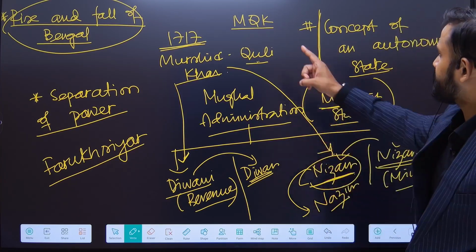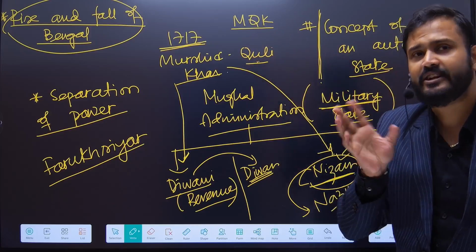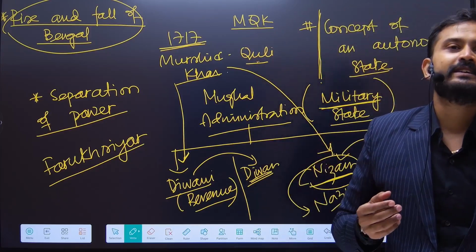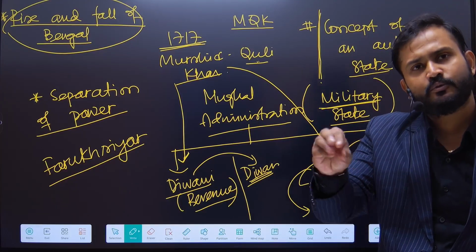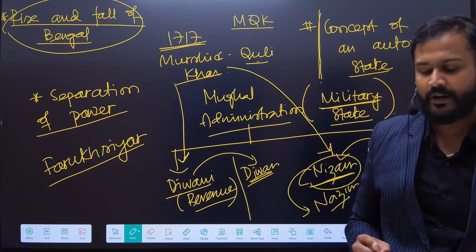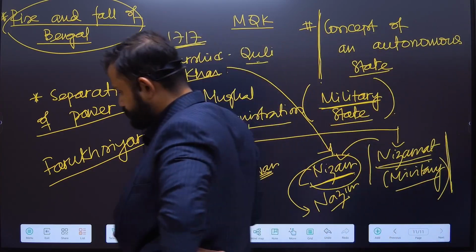That means I am using the term autonomous. Am I saying independent? No. That means Murshid Quli Khan continued to associate himself with the Mughals. Write it down, you will forget.